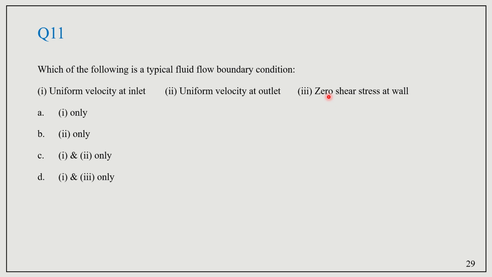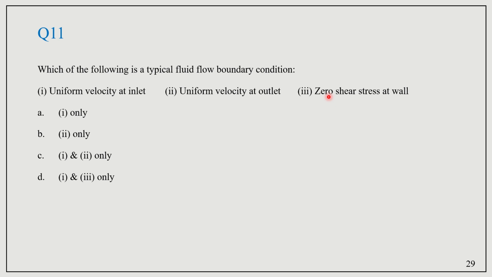Next is the pressure outlet boundary condition. Normally we use this in combination with the inlet velocity. Mostly the outlet will be open to atmosphere, so we can give the pressure at the outlet as atmospheric pressure.